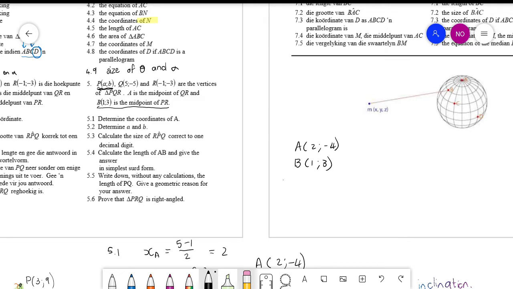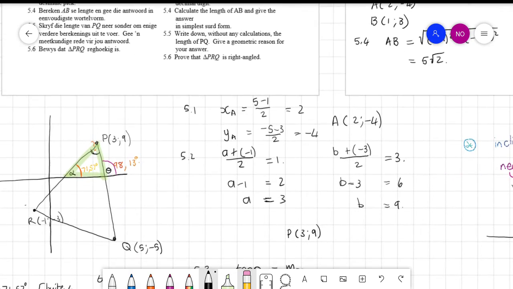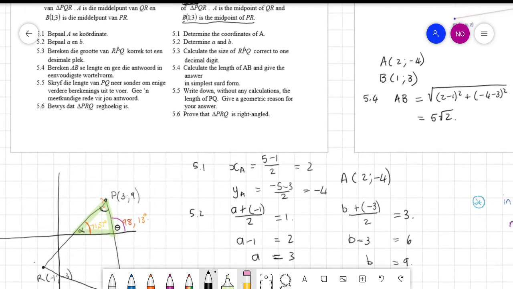So if I have to give the length of AB, I'm going to say AB is equal to, and you just need to know your formula. Your calculator will always give it to you in its simplest surd form, so just leave it like that. Just going to quickly insert this.